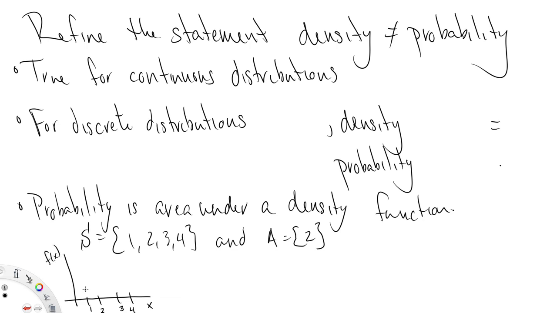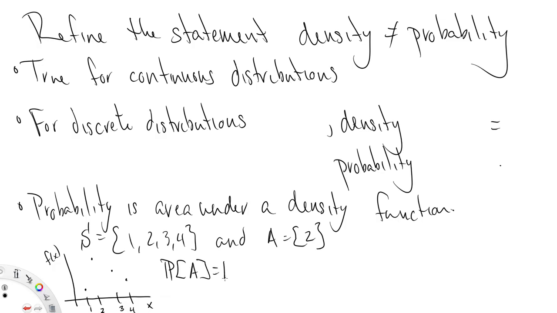I'm going to make up some probabilities here so that they will be non-uniform. So this is some unknown, unnamed distribution defined over the sample space of the integers 1 through 4. And I'm interested in calculating the probability of the set A.